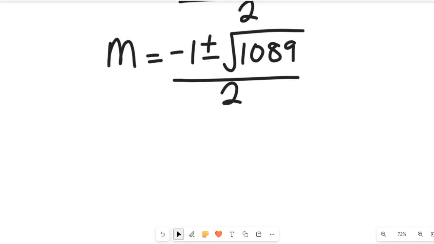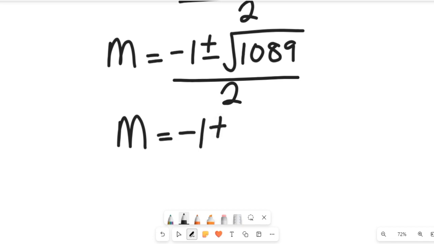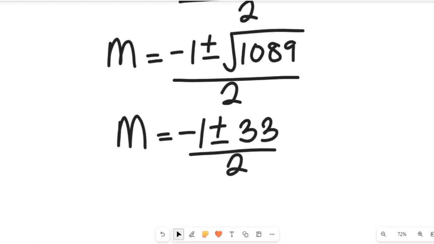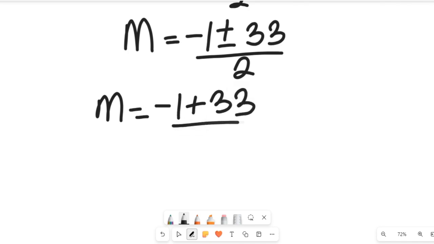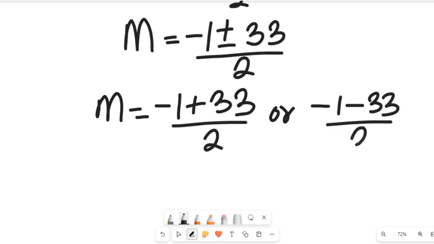So that will give us m equal to negative 1 plus or minus the square root of 1089, which is 33, and this will be divided by 2. So what will our value of m be? The value of m will be equal to minus 1 plus 33 divided by 2, or it can still be equal to minus 1 minus 33 divided by 2.